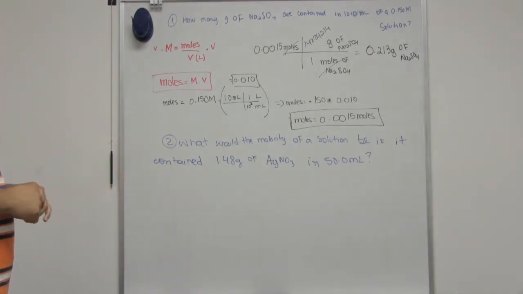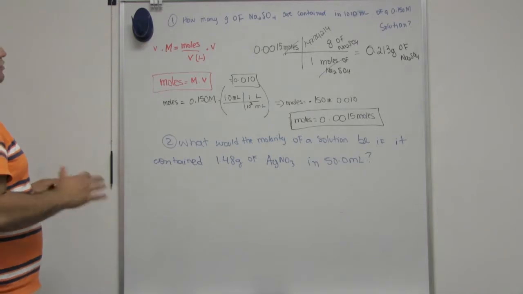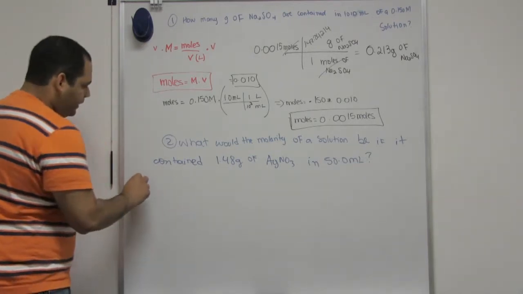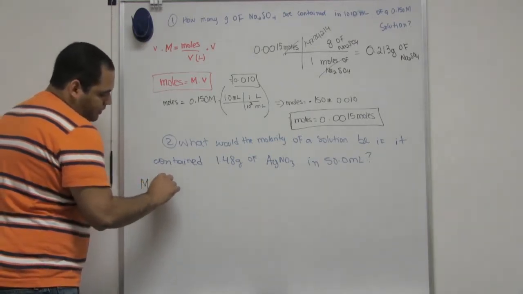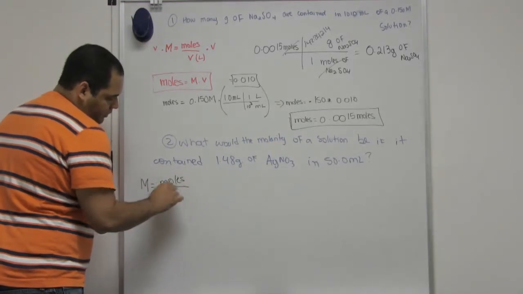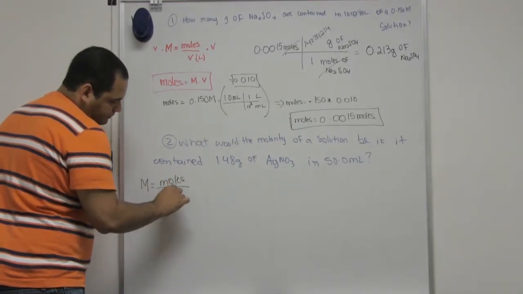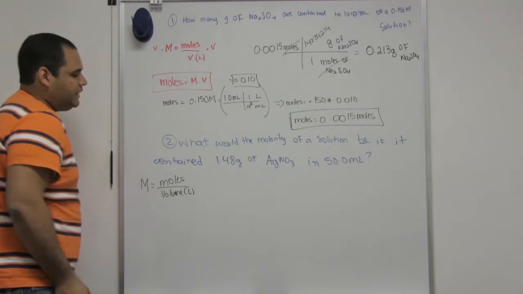The next problem says: what would the molarity of a solution be if it contained 1.48 grams of silver nitrate in 50 milliliters? First of all, I know that molarity is equal to moles over volume, and this volume is in liters.